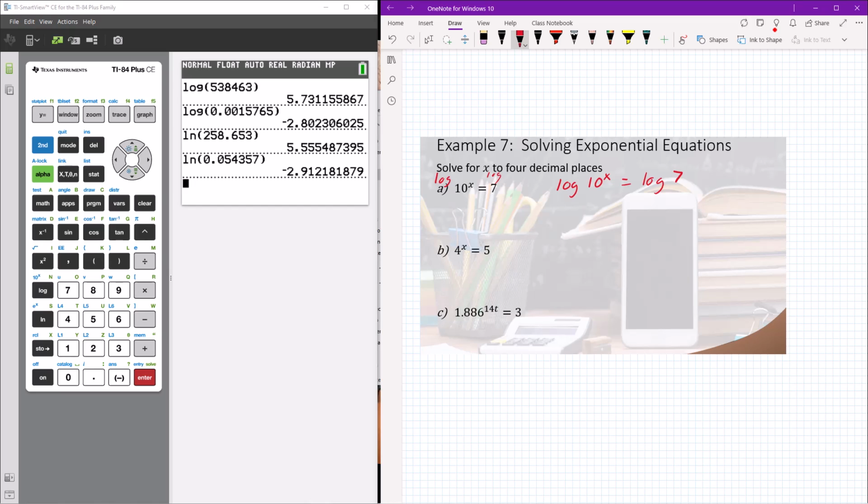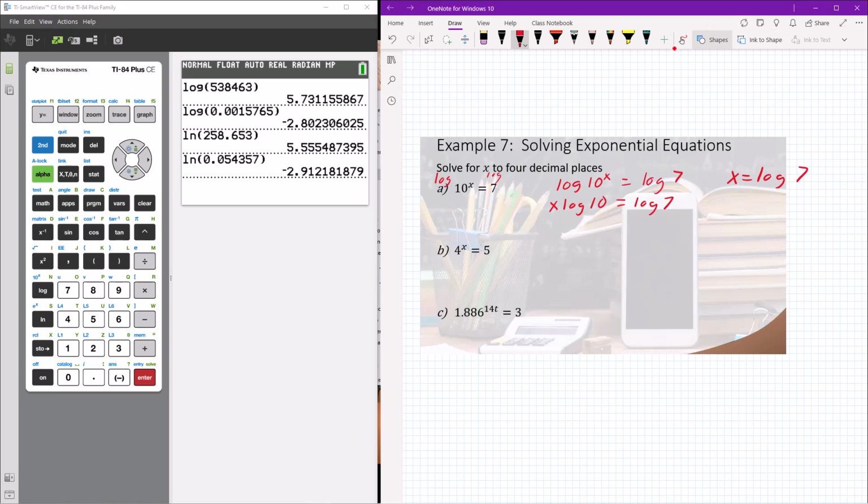Now, using the power rule, I'm going to have x times the common log of 10, log base 10, is equal to the log of 7. Okay? Now, remember the common log is the log base 10, so the log base 10 of 10 is equal to 1. So this will become x is equal to the log of 7.